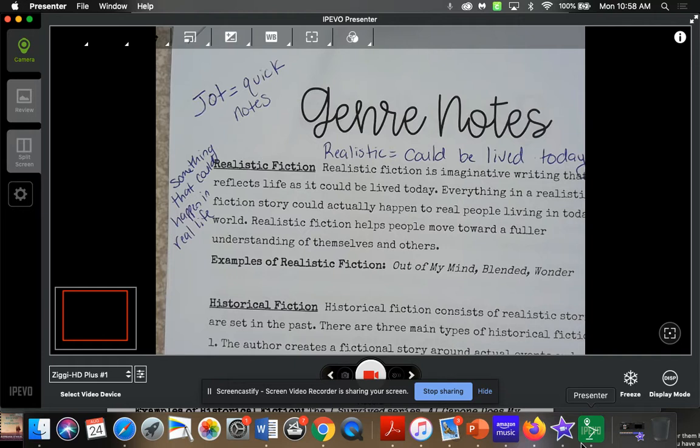Now, the next sentence says, everything in realistic fiction could actually happen to real people living in today's world. Well, did we already write that? Something that could happen in real life? Yep. Okay, we're moving on.